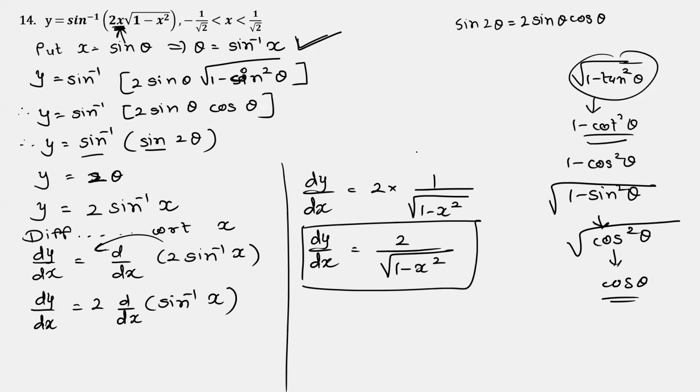So according to our requirement, we have to do the arrangement. Even the next one, maybe you have to think a little bit. So let's do it. Sec inverse, that means the inside part I have to convert into sec. Sec means 1 by cos. If I get the denominator as cos of something, I'll get sec inverse of sec of something.